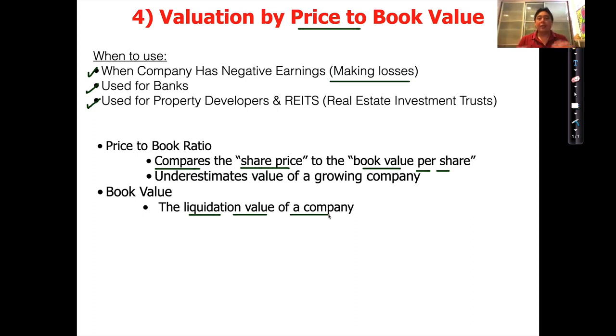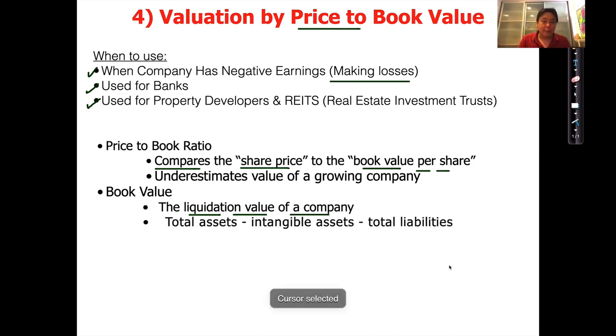It means if the company were to liquidate, means close down. If the company closes down, what happens? It sells all its assets. It sells the property it owns, it sells the machinery, the equipment, correct? It collects the cash and pays off all its debts. Now what's left behind, it's known as the liquidation value, also known as book value.